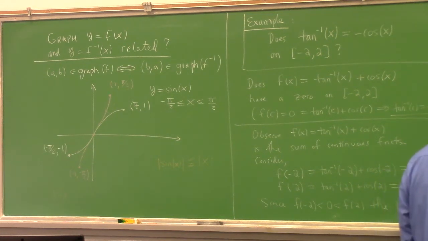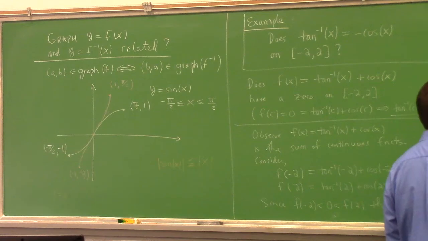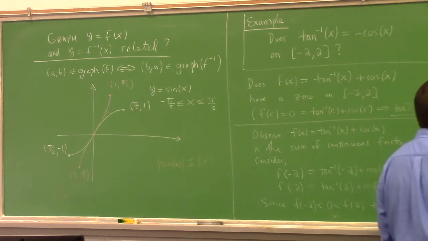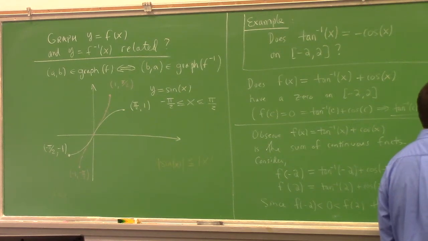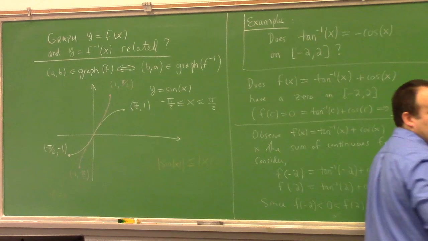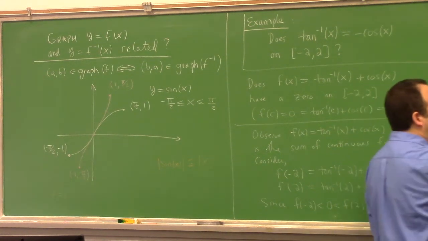Where cosine is 0, this is like pi over 2, or minus pi over 2. And if you did it more carefully, you can see that there's at least one solution here for sure. That's what c actually is.